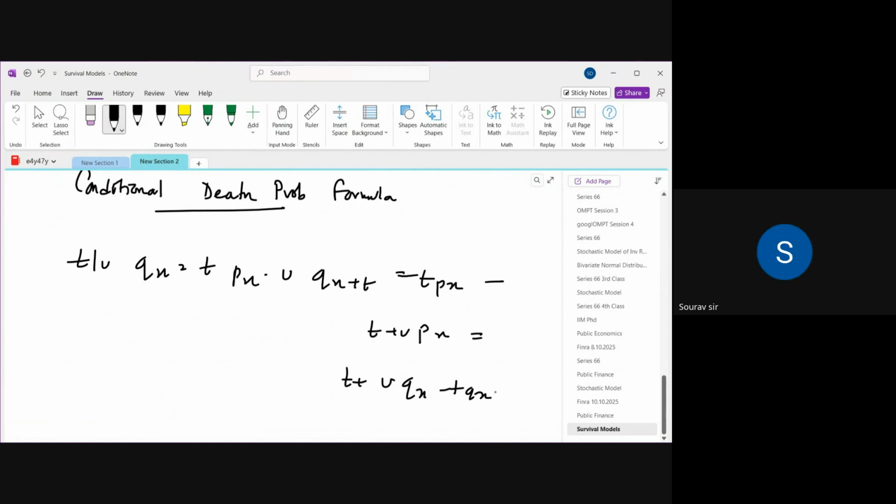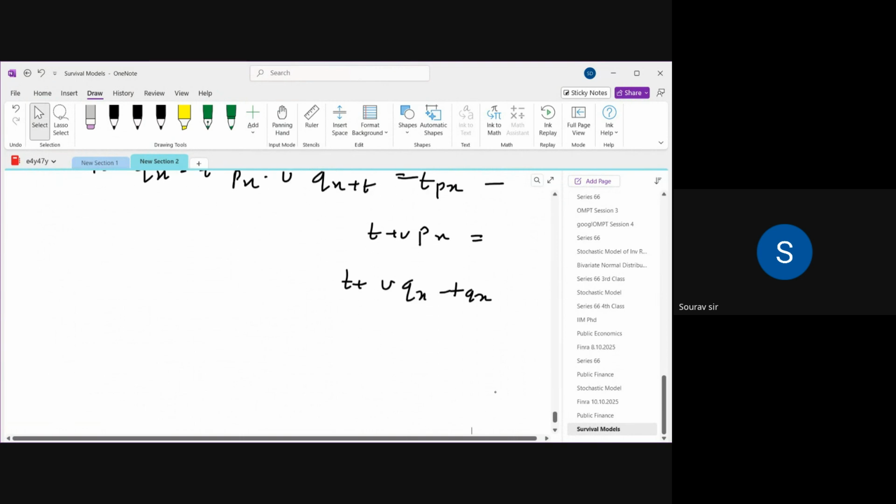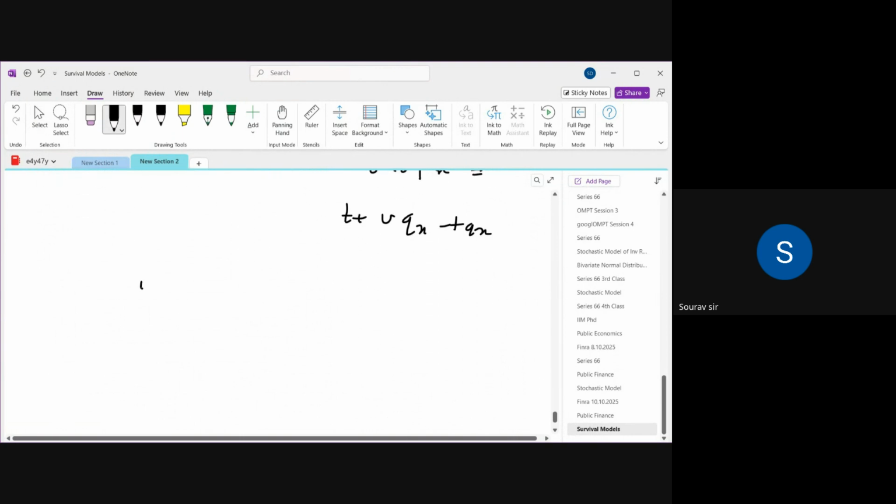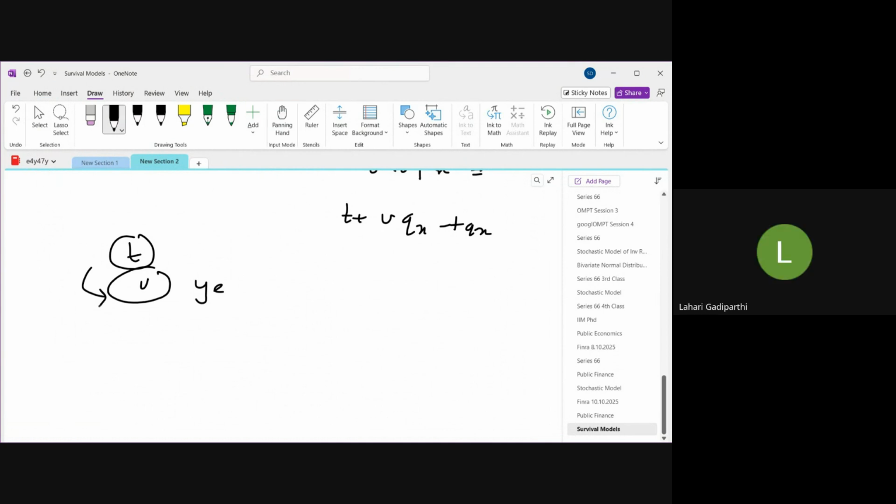The probability that a person aged x should survive for how many years? It survives for t years, okay, and then dies during the following u years. So t years and then go to u years. This formula isolates death in the later interval. Okay, good to go.